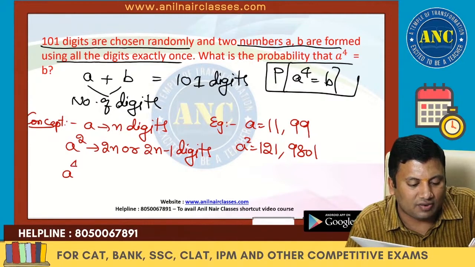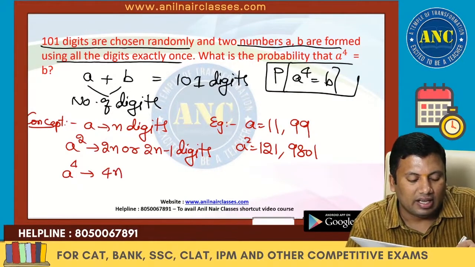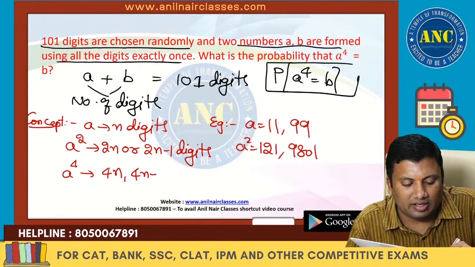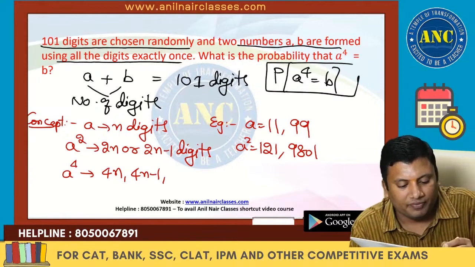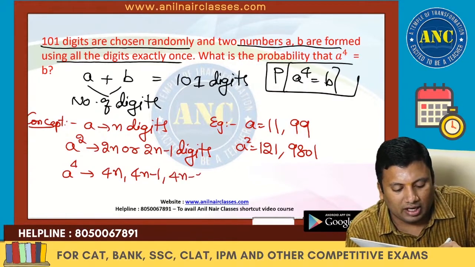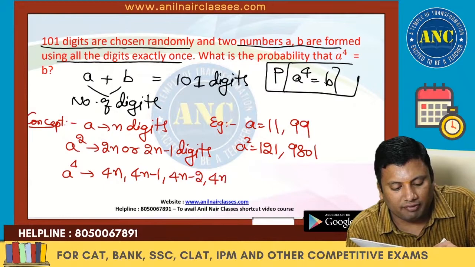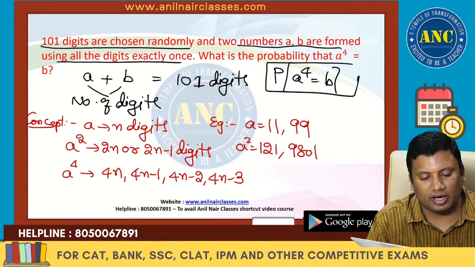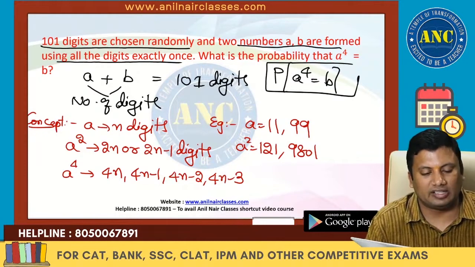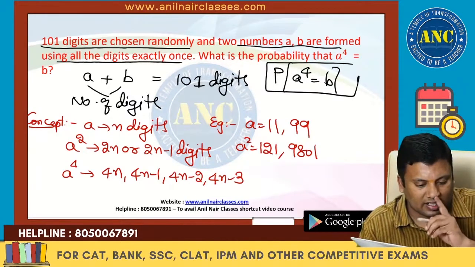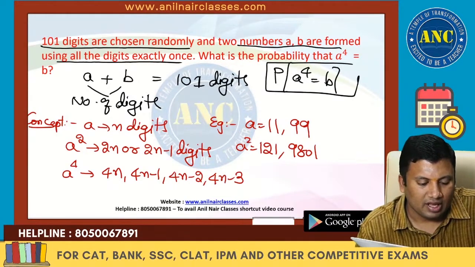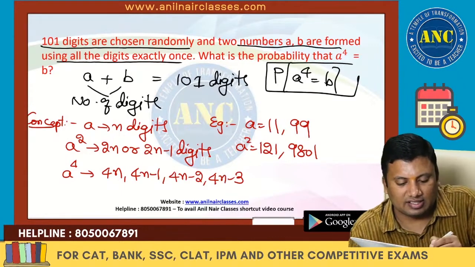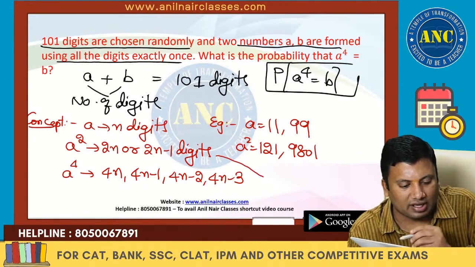If I square it again, it will take 4n, 4n minus 1, 4n minus 2, or 4n minus 3 digits. I hope it is clear, right? Now see here, these are the cases for a power 4.